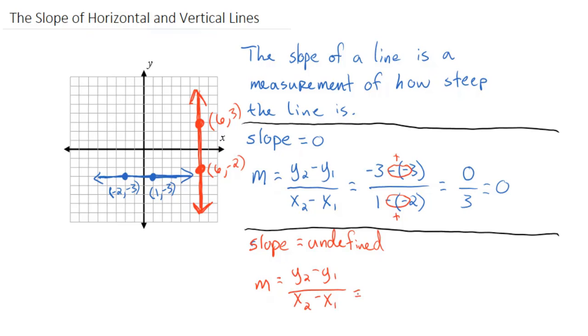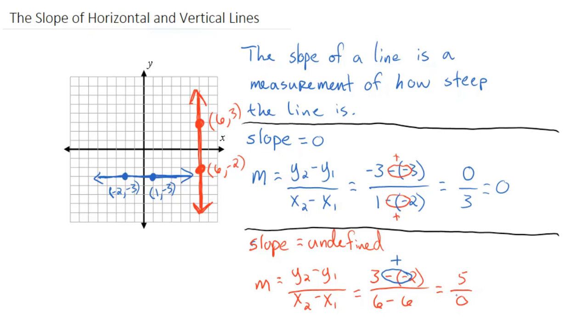So with our values, with the y's, that means we're going to be taking 3 minus -2. And then with the x's, we'll be doing 6 minus 6. So working out the numbers, this double negative in the top works as a plus. So it's really 3 plus 2. That gives us a 5.